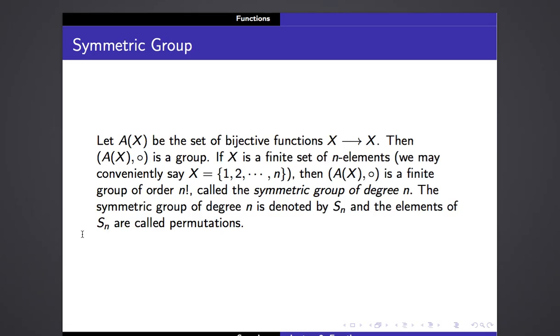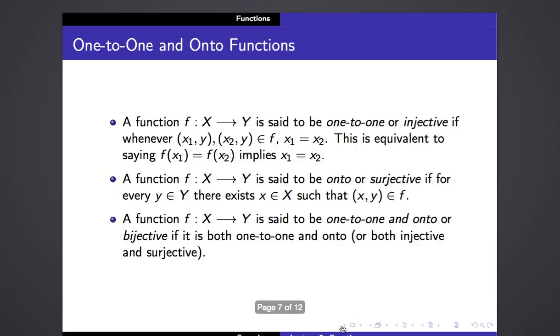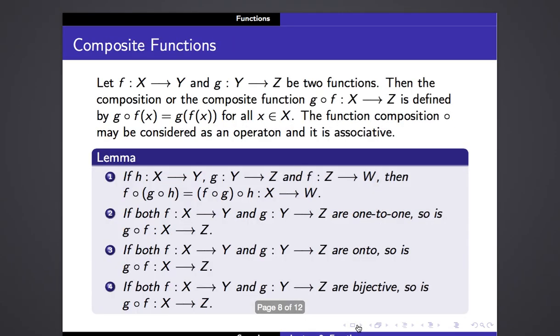I just realized there's an important thing I wanted to mention but forgot. Let me go back to the composite function.